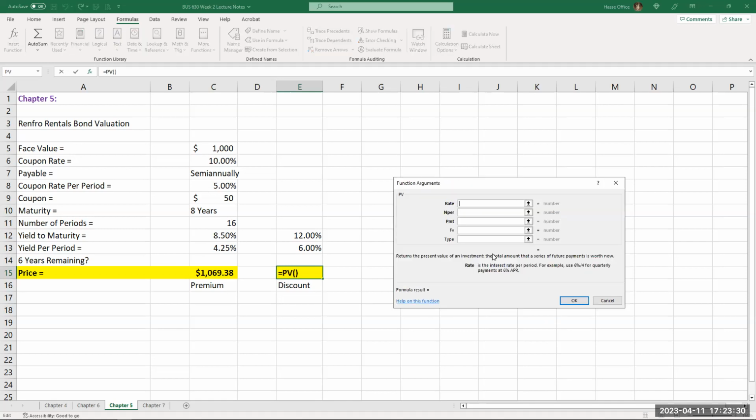The interest rate now in the market is 6%. Same periods remaining, 6 years, 12 periods. Same payment, $50, and same future value, $1,000. Notice I put negative numbers in front of these numbers. That makes our ending number positive.